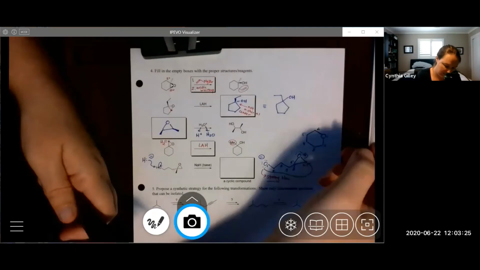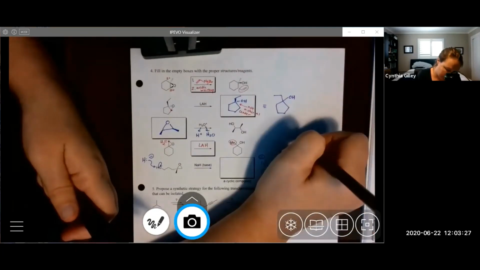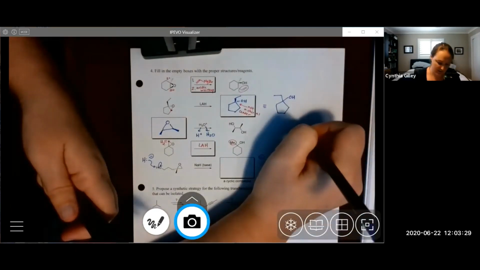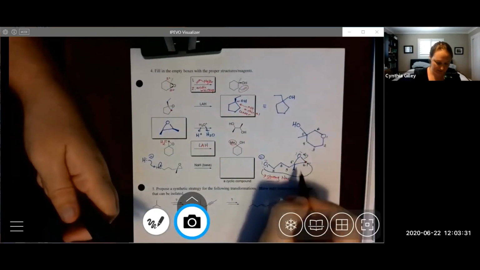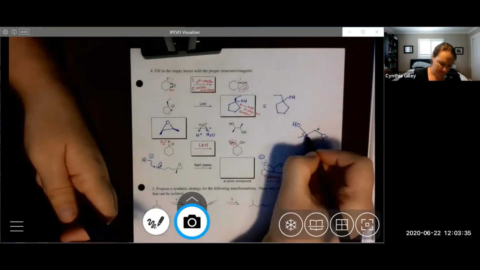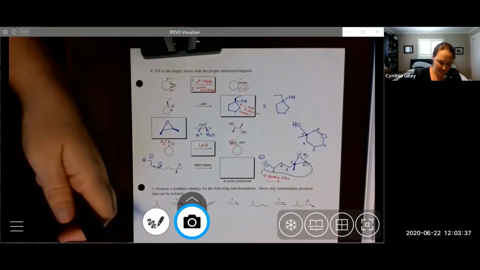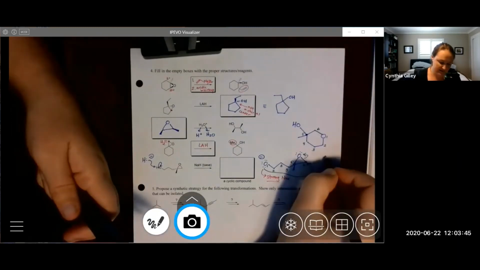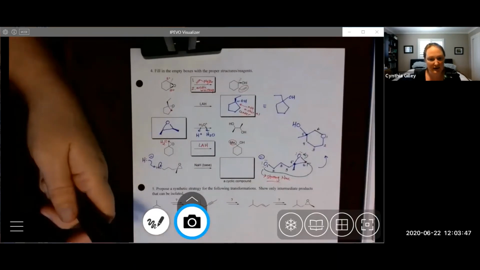So for now, I'm just going to put methyl. I know that's what's going to be attached here at carbon number 5. And then carbon number 6, we lost the leaving group there, so it just has the oxygen intact now. So this is the basic structure, but we don't include stereochemistry yet.